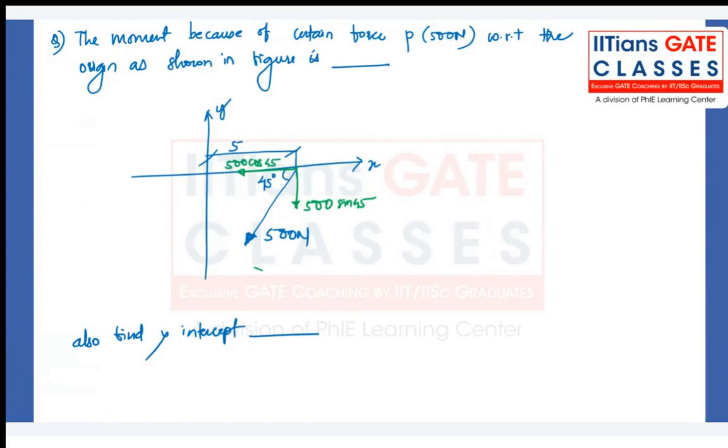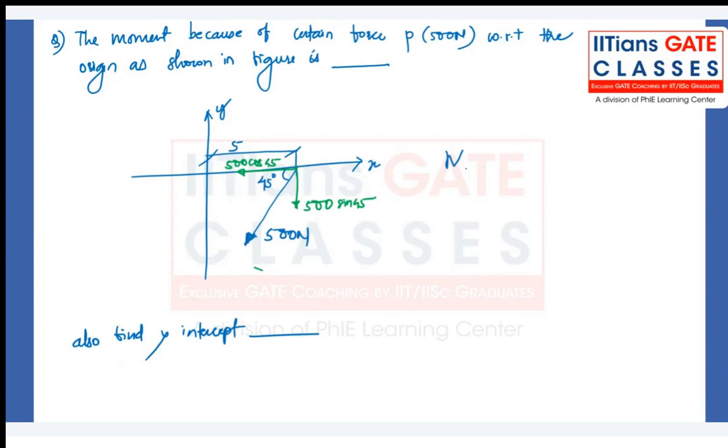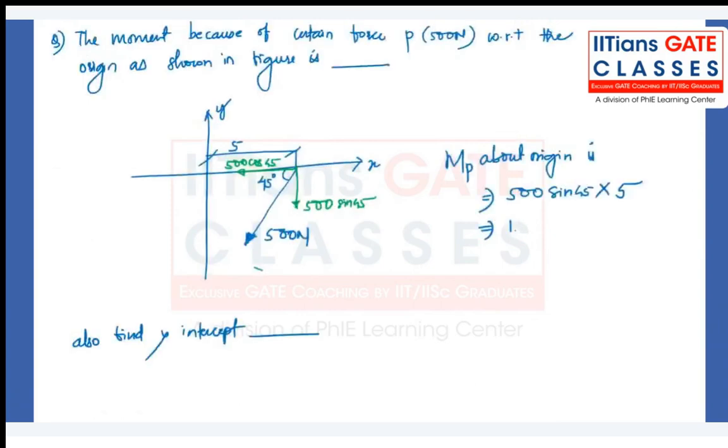So moment because of the force P about origin is 500 sine of 45 into 5, and its value is 1767.76 Newton meter. And the next question is y-intercept. Very simple. Means where it will cross the y-axis.